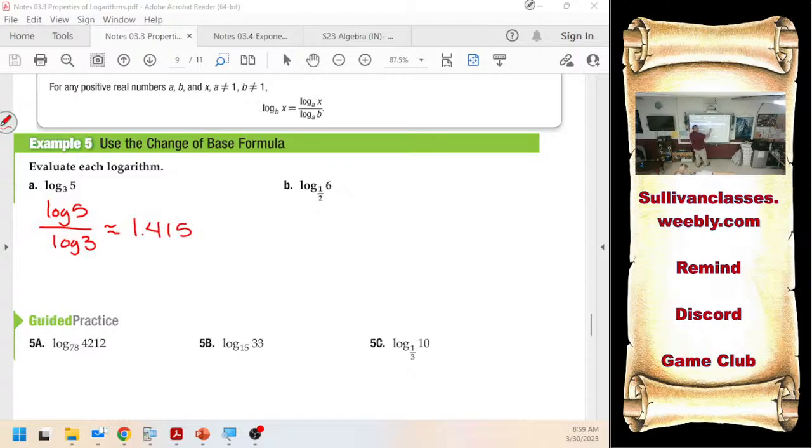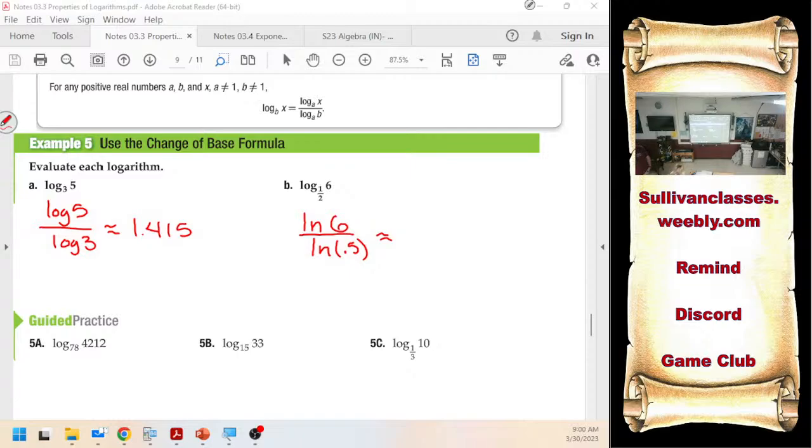For this, I would choose whatever base I want. I'll tell you that the book really likes using natural log for everything. The solutions to these, they love using ln for everything. I'm not sure why, because it is a personal preference.